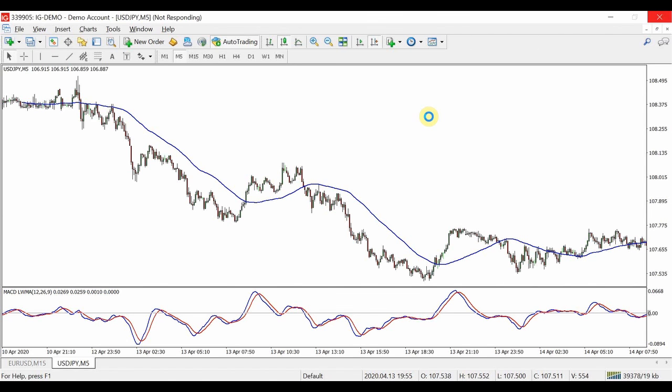Once we've found the trend, the next thing we need to do is spot hidden divergence. We're going to use this example on the USD JPY 5-minute chart. Using my oscillator choice, the MACD, we can see an example of bearish divergence.